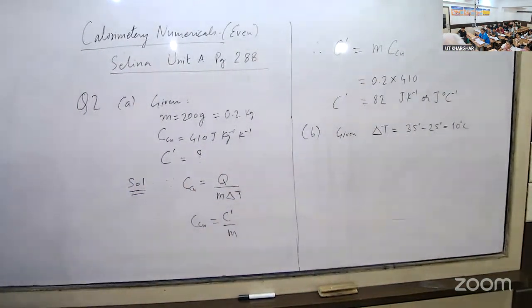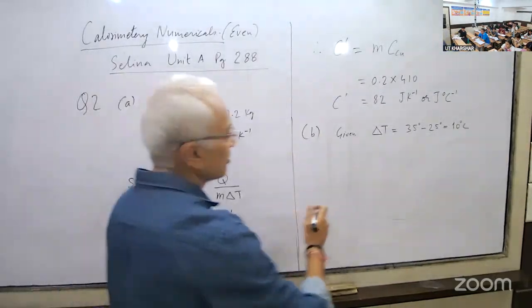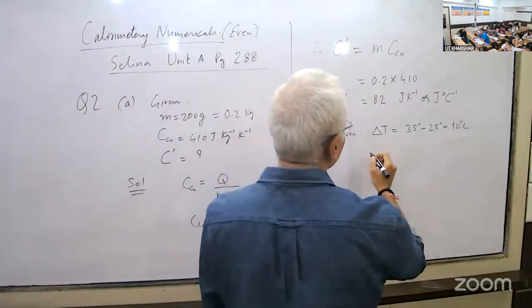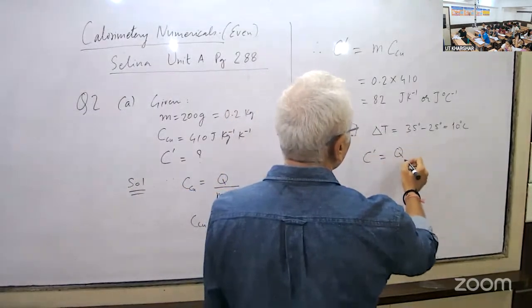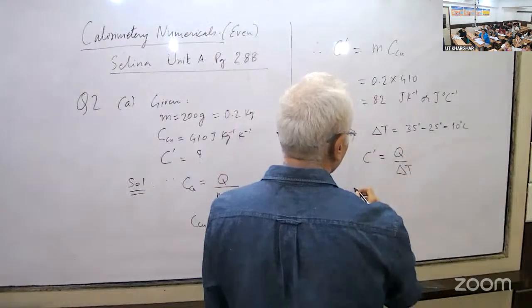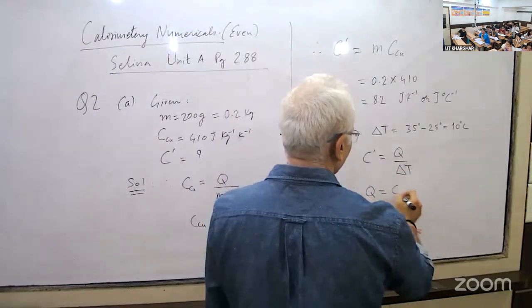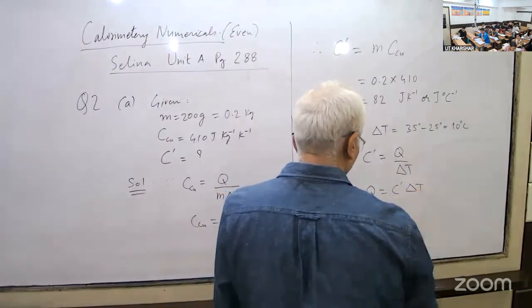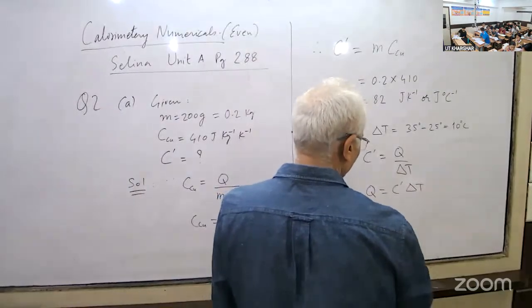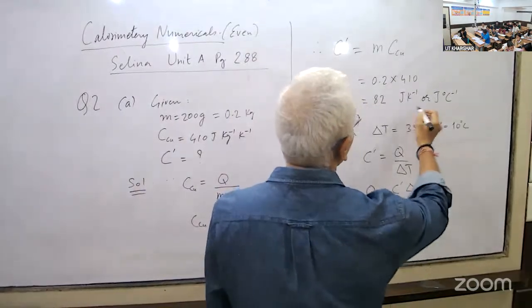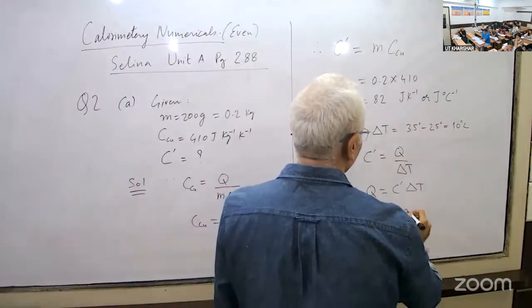You have to find how much heat is needed. So you already have the heat capacity, since the C dash you calculated was 82.